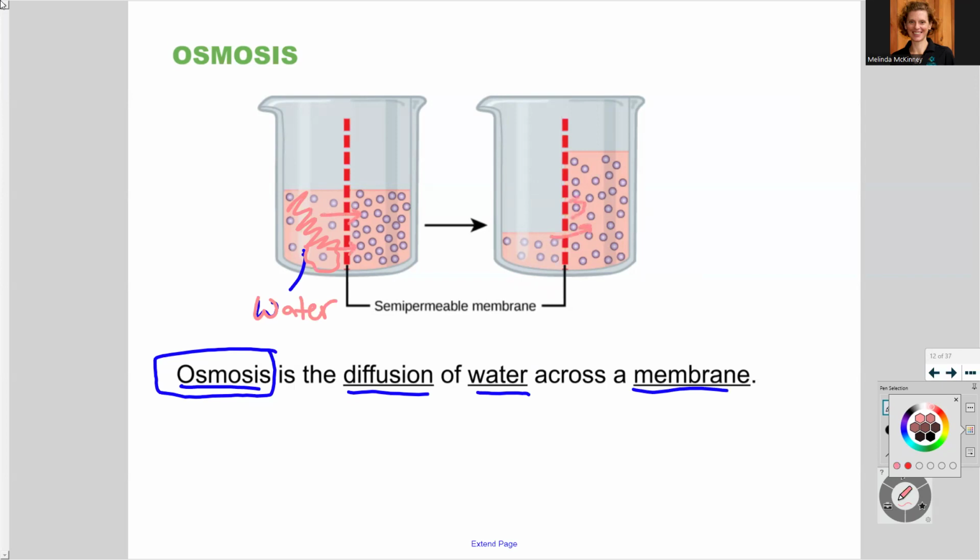And now you've got more water over here than you do on the left. This process where the water moves through is called osmosis. All right. And again, this is simple diffusion.